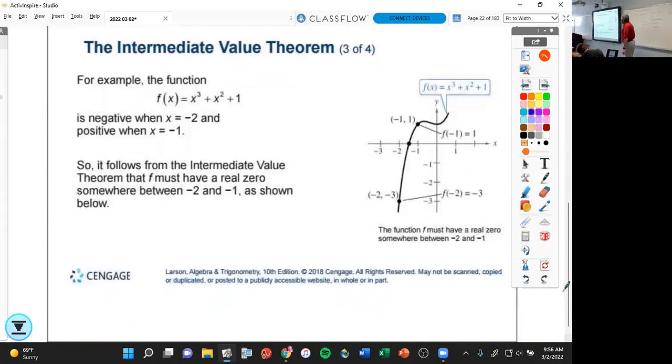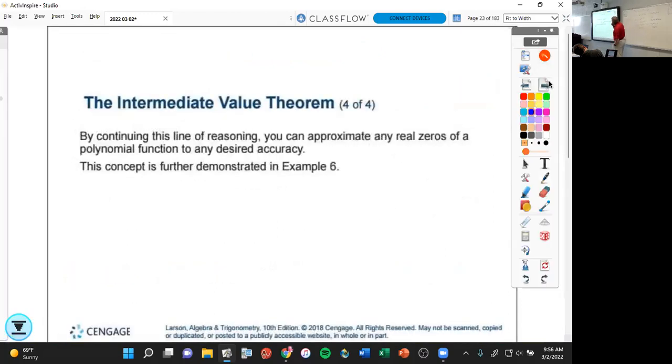Here's an example. Here's a function. f of negative 2 is negative 3. f of negative 1 is 1. Does it cross the x-axis? It has to. And by using this, we can actually approximate zeros. Without using a calculator, I can get closer and closer to a 0.